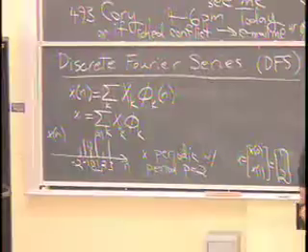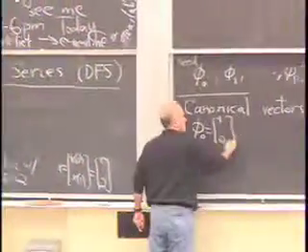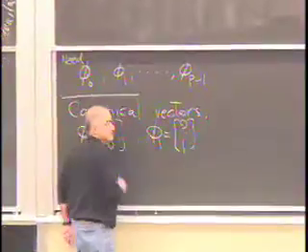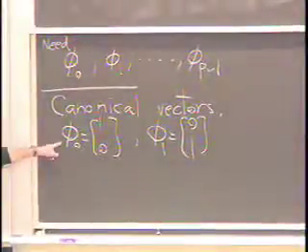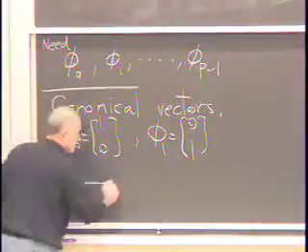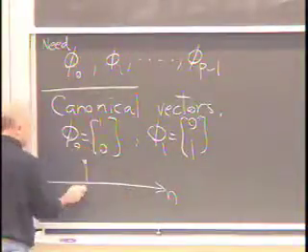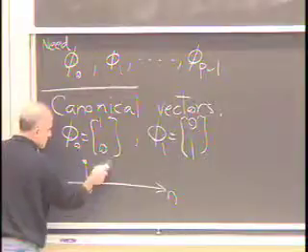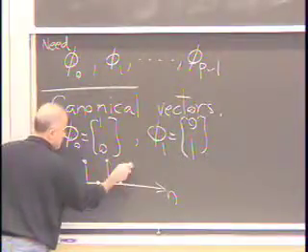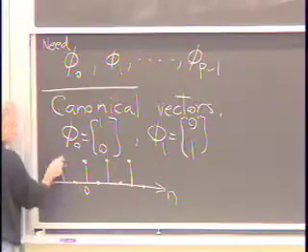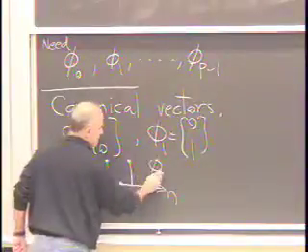where phi 0 was 1, 0, and phi 1 was 0, 1. These would correspond to periodic signals that are impulse trains. So 1, 0 would correspond to 1, 0, 1, 0, 1, 0, and so on. This would be phi 0 of n.